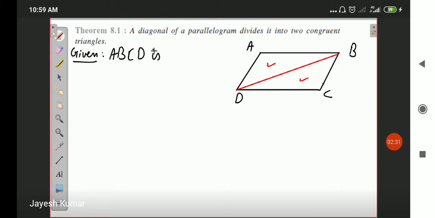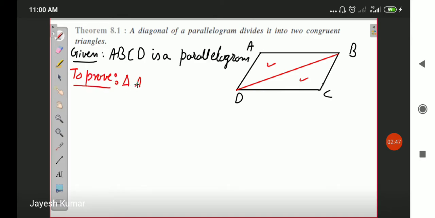ABCD is a parallelogram, and we need to prove that triangle ADB is congruent to triangle CBD.